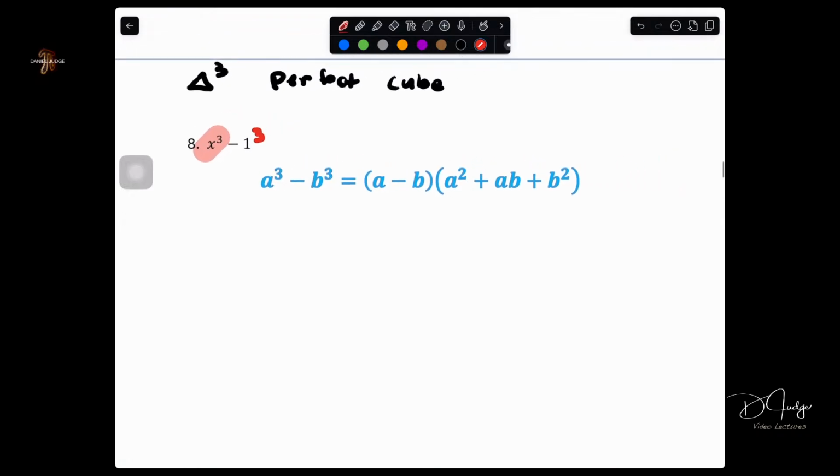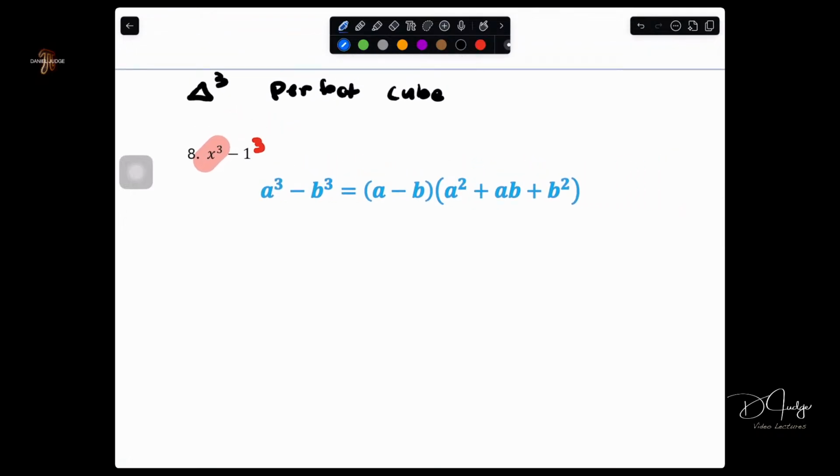So like before with the difference of perfect squares, you can identify that if I replace a with x and b with 1, that means a is x, b is 1. We write this as x minus 1, x squared plus x times 1 plus 1 squared.